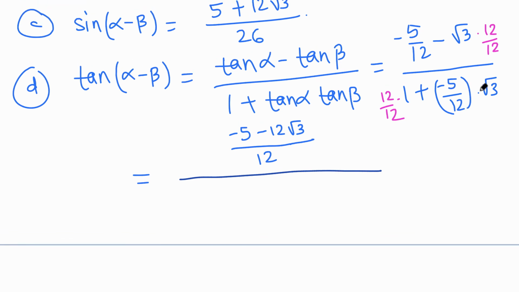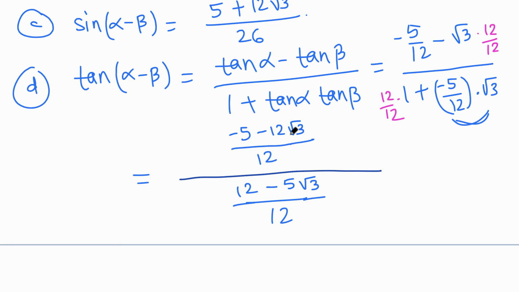On the bottom we were supposed to multiply these two, then add with 1. So 12 is the common denominator, that leaves 12 times 1, 12 as a first term. Here is plus and negative sign, so it's minus 5 times root 3, just 5 root 3. Now we have a fraction divided by another fraction.